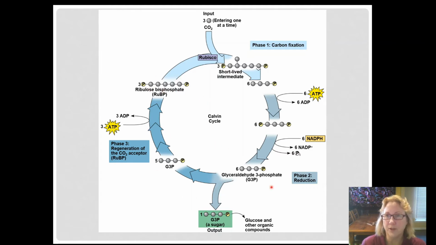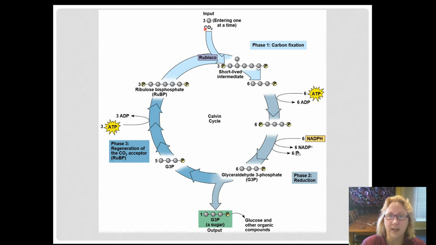The most important things to know for all of these is what goes in and what comes out. For the Calvin cycle, what goes in is carbon dioxide and energy in the form of ATP and high energy electrons in NADPH. What comes out of the Calvin cycle is sugar and our regenerated oxidized electron carrier, NADP+.